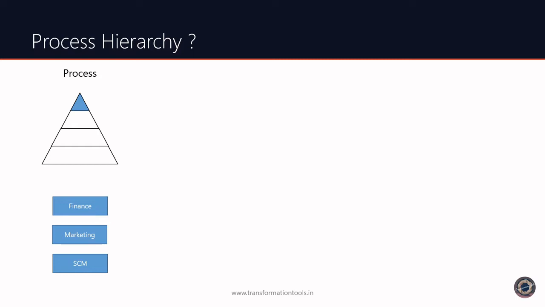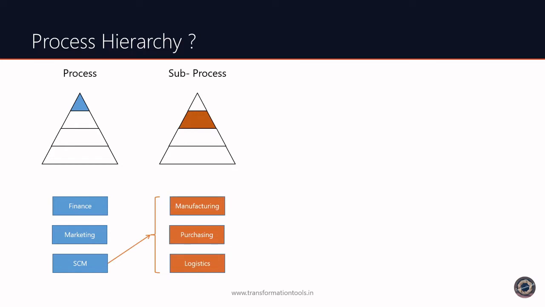Now, if we want to decompose this process, we go to level 2. In level 2, we essentially define the process and call them sub-processes. So for example, within the function of supply chain, we have sub-processes such as manufacturing, purchasing, and logistics.